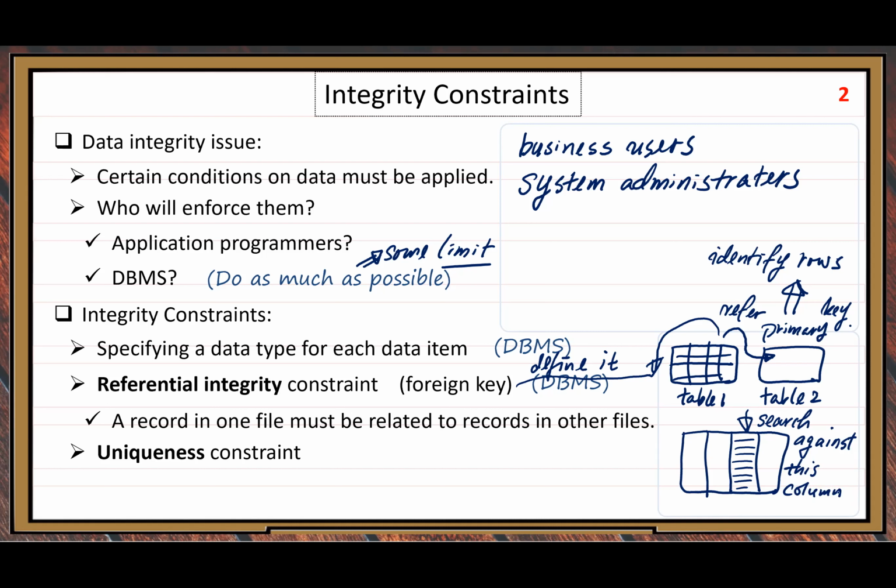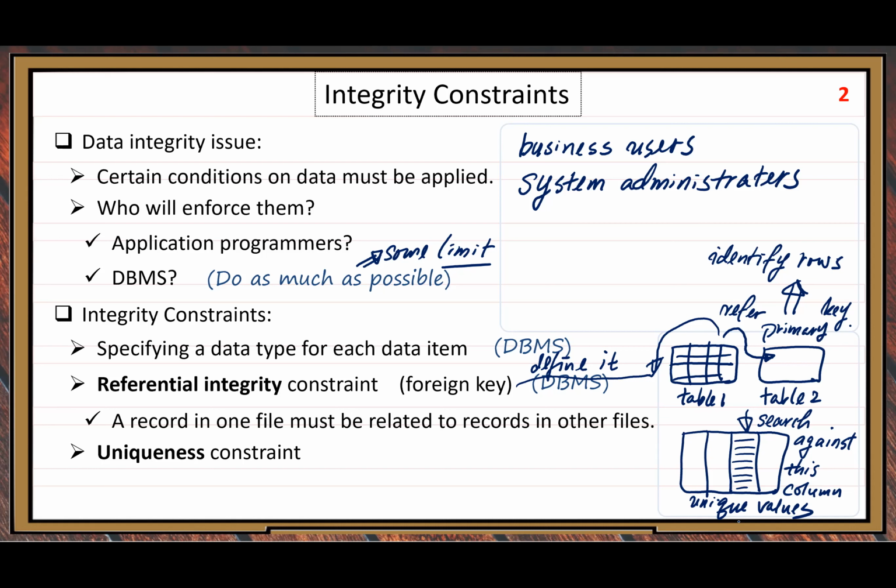So when we do that, unique values, this property is important. This property is important in our search against this value, this column.